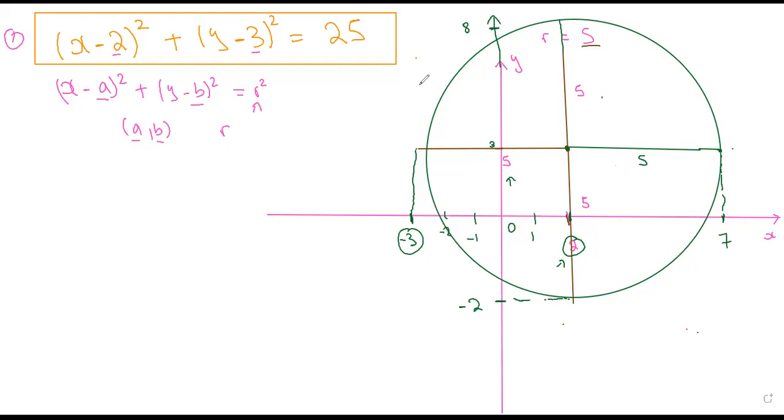Okay, perfect. So this was an example. Let's talk about some more examples and then you will get a better idea about it.